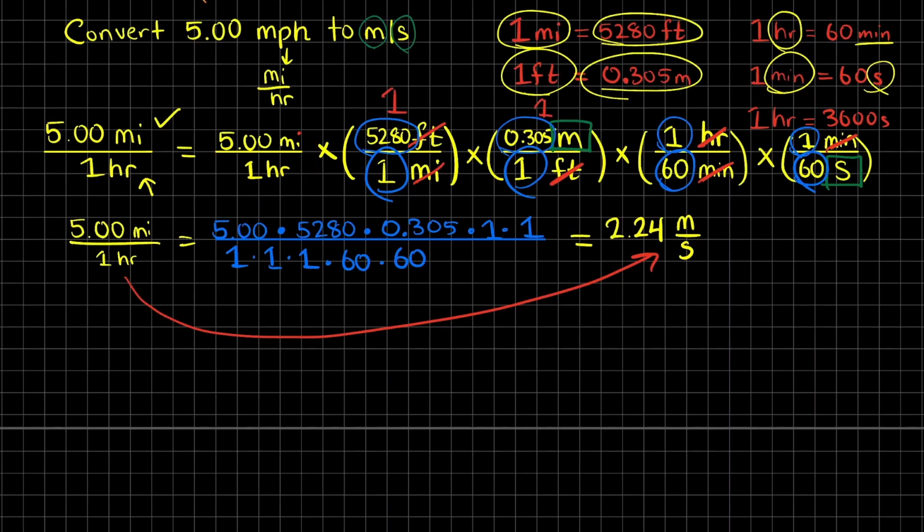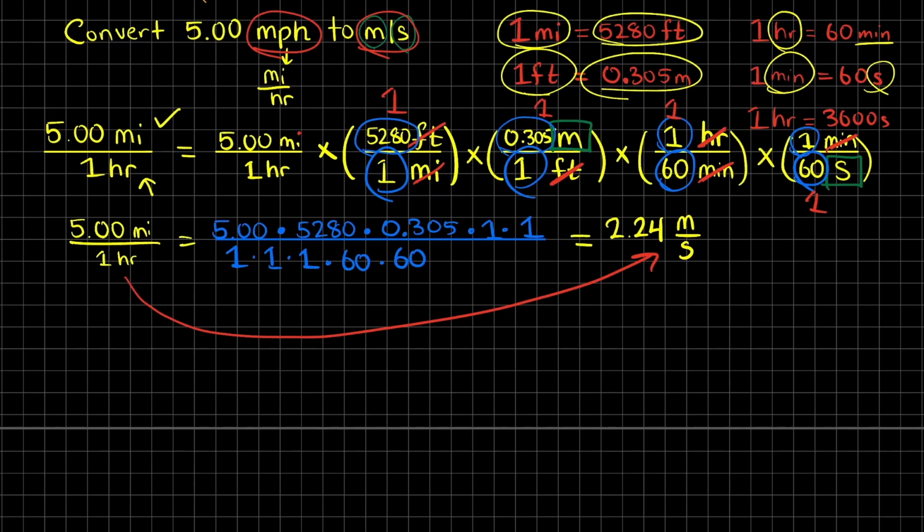And here's another one, and here's another one, and here's another one. We multiplied by 1 several times. However, we did it in a strategic way such that we convert from units we don't want into units that we do. That's the entire point behind this. So my final answer is 5 miles per hour is 2.24 meters per second.